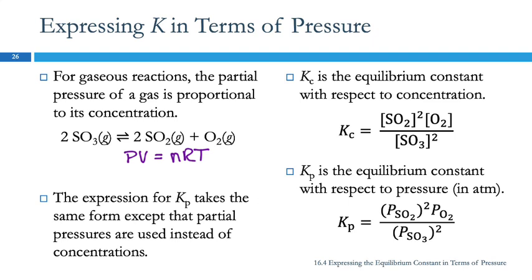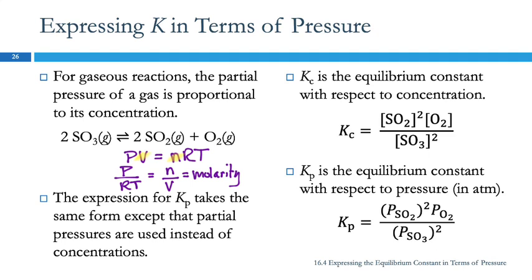So if we rearrange this, the units of molarity, moles per liter, right? Well, here's moles and here's volume in liters. So if we rearrange, we get P over RT is equal to N over V, and that is equal to the molarity of a gas.